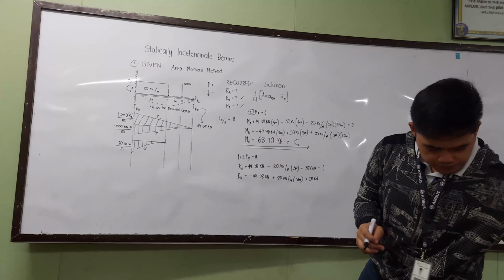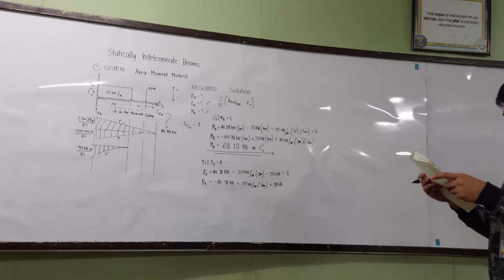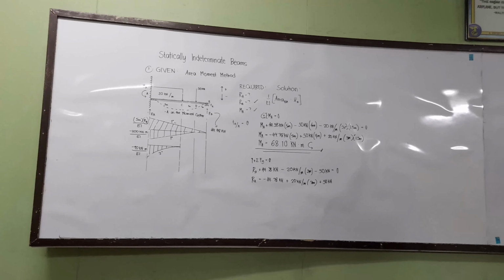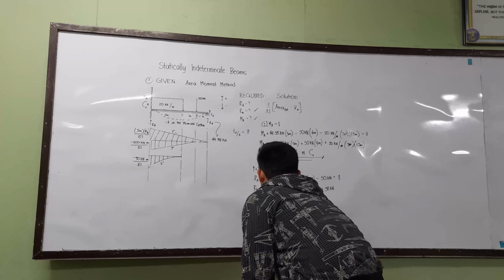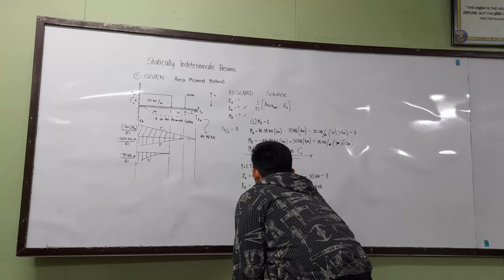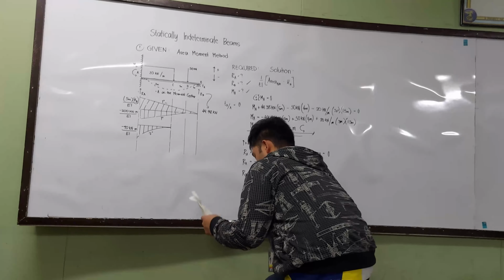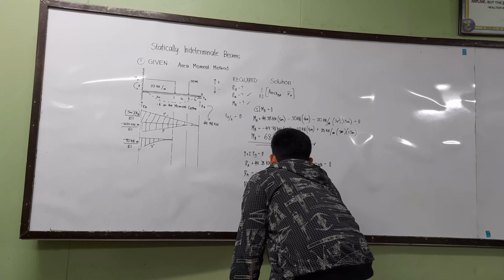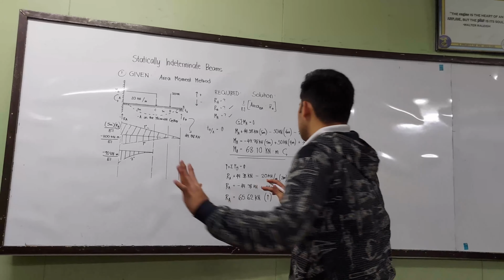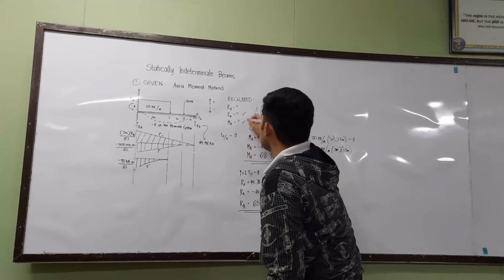So, by calculating now those values, we will get an answer of 65.62 kilonewtons, which going the upwards direction is positive. Okay. So reaction A is 65.62 kilonewtons.